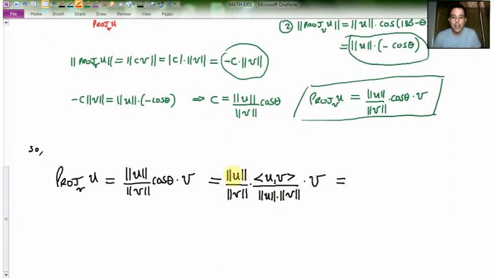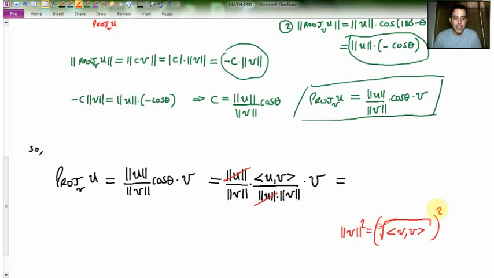Now let's simplify this scalar here. This will cancel with that, and then norm of v times norm of v is norm of v squared. That's square root of v inner product with v, squared.